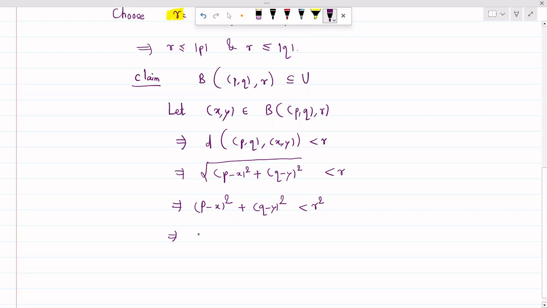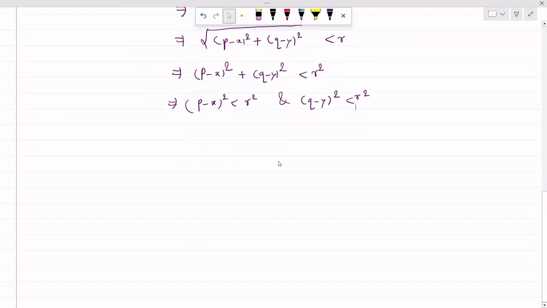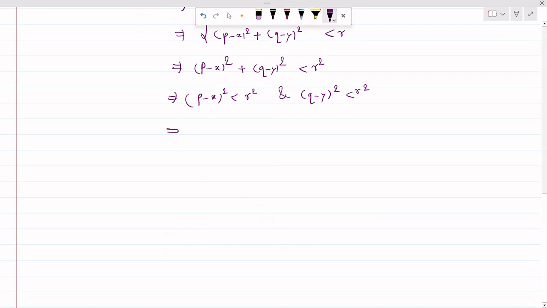That implies both the terms are less than r squared. So (p minus x) squared is less than r squared and (q minus y) squared is also less than r squared, right? So that implies mod of p minus x is less than r, since r is positive, and mod of q minus y is also less than r.